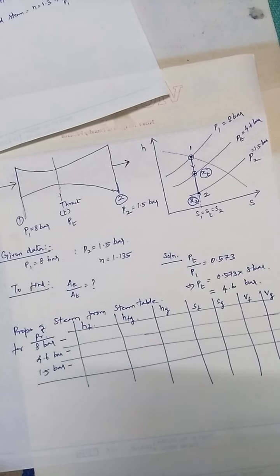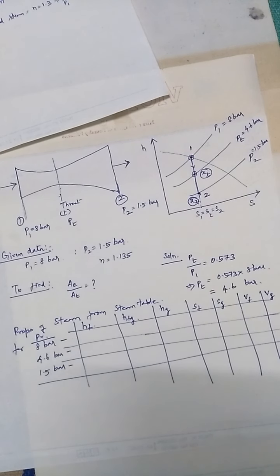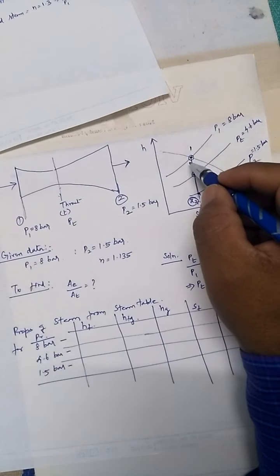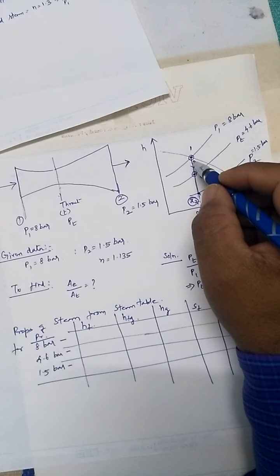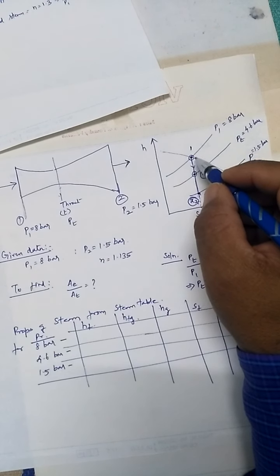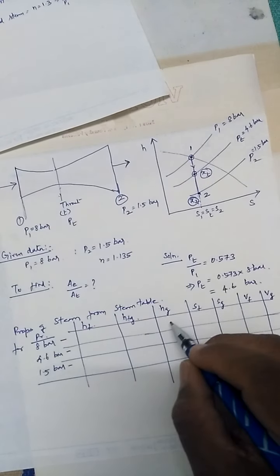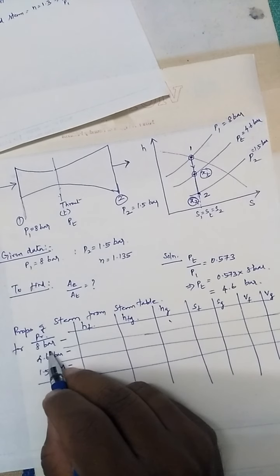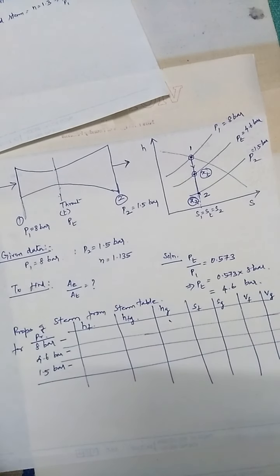From the steam table, for example, if we want the hg value, because this entry point is in saturated steam condition, dry saturated steam, this hg value for 8 bar you have to take from the steam table.